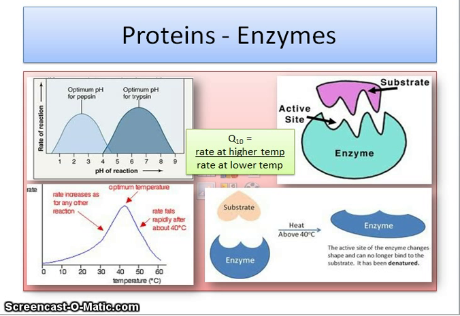Okay, so we're going to have a look then at the shape of the enzyme and how it actually works. Enzymes, like all proteins, are folded into a particular shape, and the shape of one particular area of the enzyme molecule, called the active site, is very important, and you can see that in the diagram in the top right hand corner. The substrate molecules fit into the active site, and this brings them together so they can form a bond, and this makes a bigger molecule.